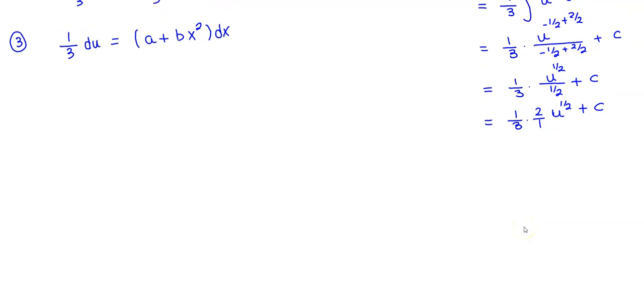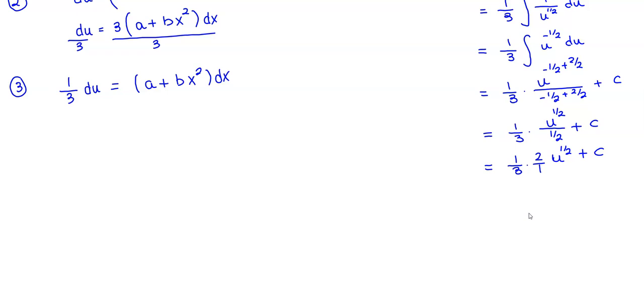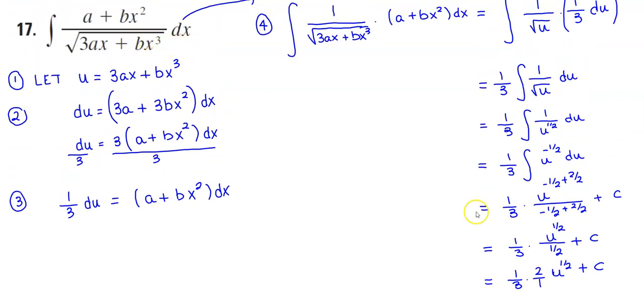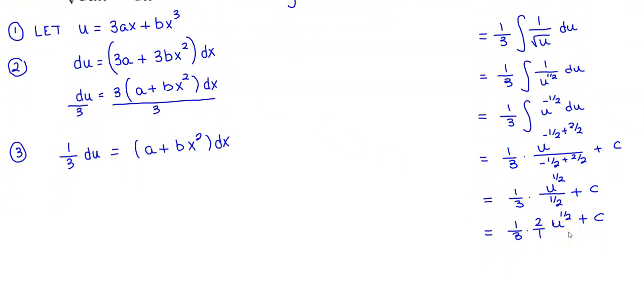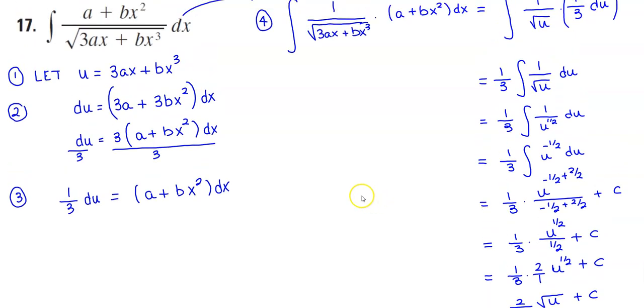Okay, so now let's go ahead and rewrite this exactly the way that they had it at the beginning, because they had a radical sign. So what we're going to do is multiply the two fractions. So 1 times 2 is 2, 3 times 1 is 3, and then we have times the square root of u plus c.